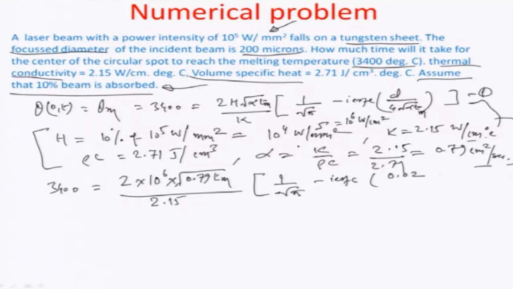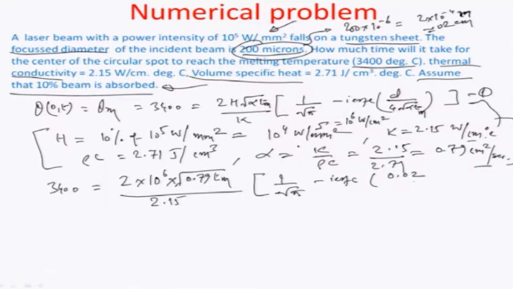So let us convert this 200 microns into centimeters. So this comes out to be 2 times 10 to the power of minus 4 meter, or about 0.02 centimeters.